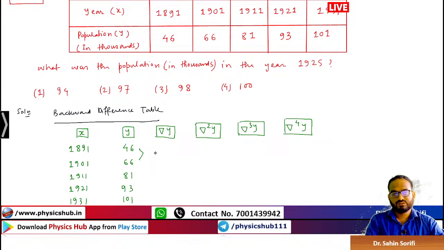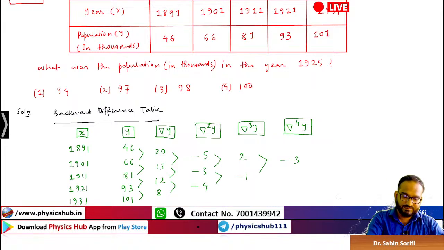From these, 66 minus 46 is 20, 81 minus 66 is 15, 93 minus 81 is 12, 101 minus 93 is 8. From these, 15 minus 20 is minus 5, minus 3, minus 4. From these, 2, minus 1, minus 3.